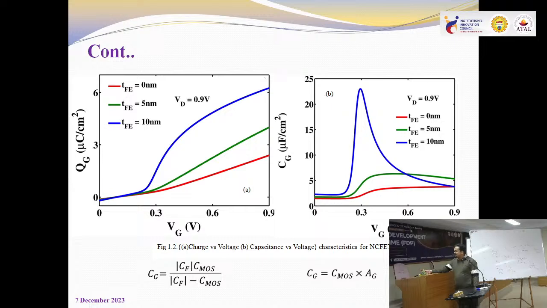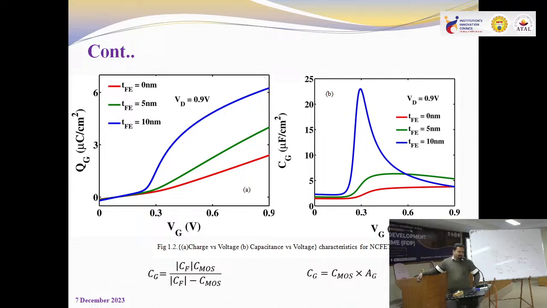This is quite simple. TFE equals 0 corresponds to MOSFET, this is the one. For TFE equals 5 it increases, and for TFE equals 10 it increases. Now what happens to the gate capacitance?